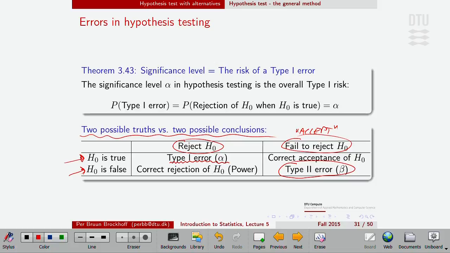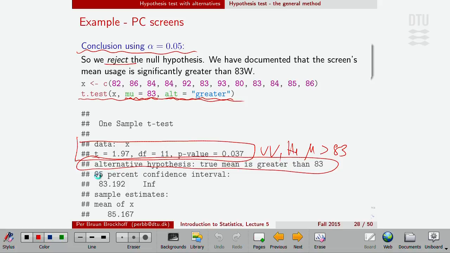These are the two errors we make. They are actually globally called type 1 and type 2 errors. It's not just a name used in this table. It's within the statistical terminology, at least, right? This is the classical type 1 and type 2 error related to hypothesis testing and decision making. I promised you to go back to this slide.